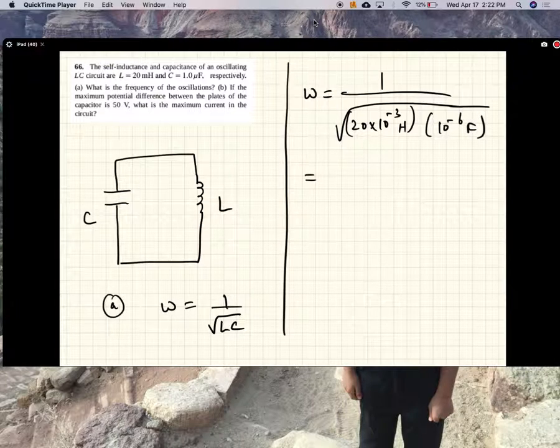So let's take care of powers of 10. This is 10 to the minus 2, and 10 to the minus 8, square root of that is 10 to the minus 4, and that comes to the top, that becomes 10 to the 4, per second.